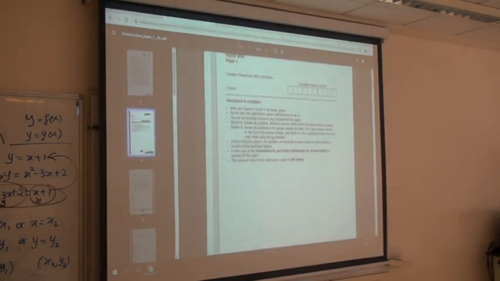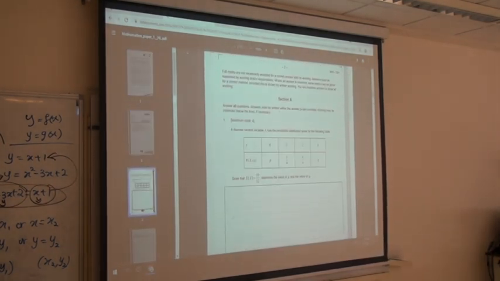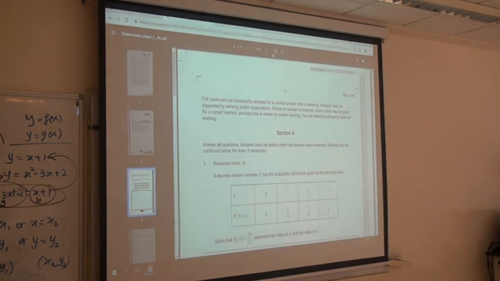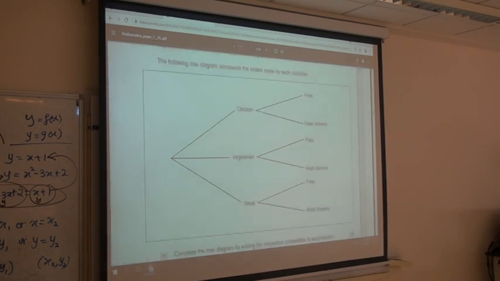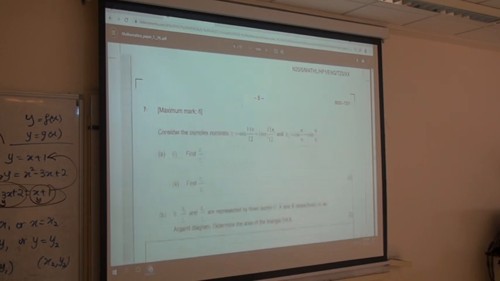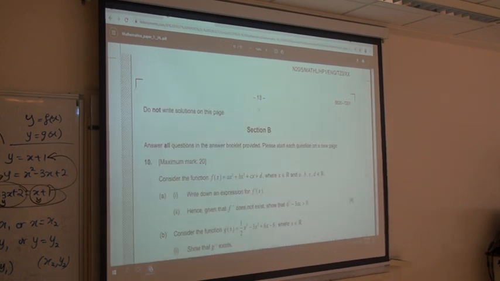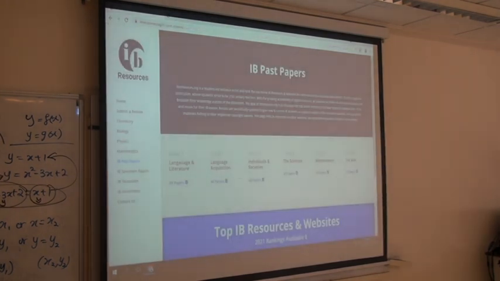Now, watch this. Full marks should not be awarded, answer must be blah blah blah. Oh, there is something about graph. I think previous section 2. No, it's not here.